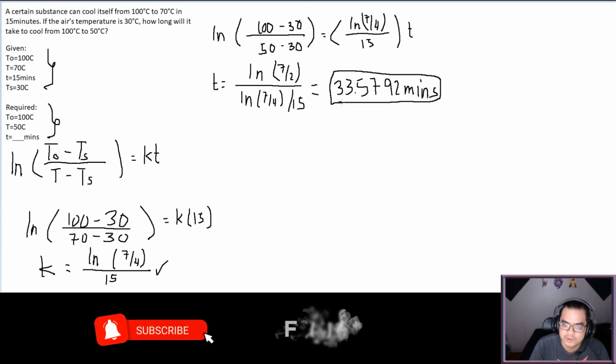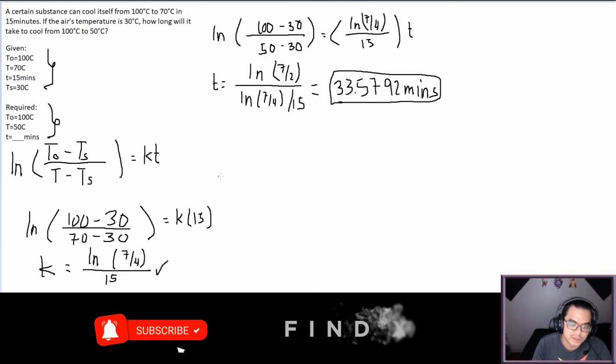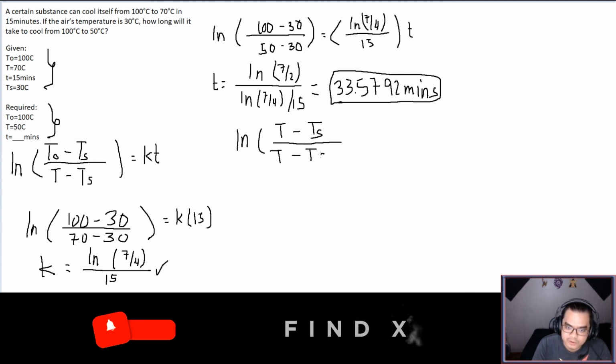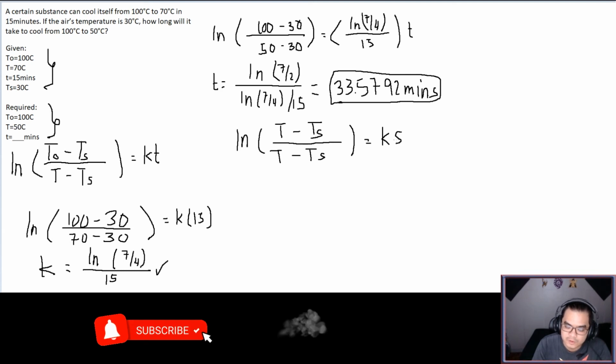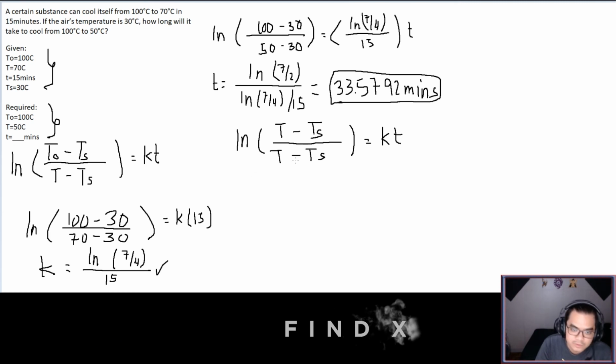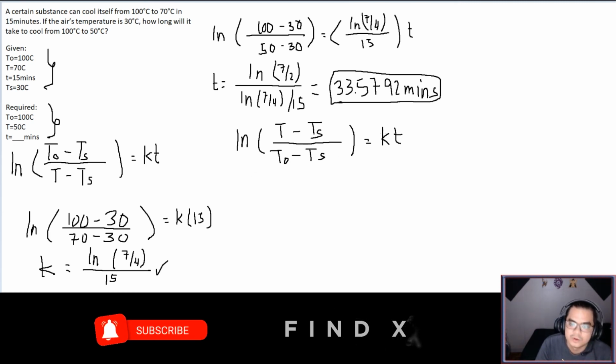Now, if you got confused, let's try to use the right formula. So using the right formula, you'll have ln of the final minus surrounding over the initial minus surrounding, and this is equal to kt. Now let's apply the first condition.